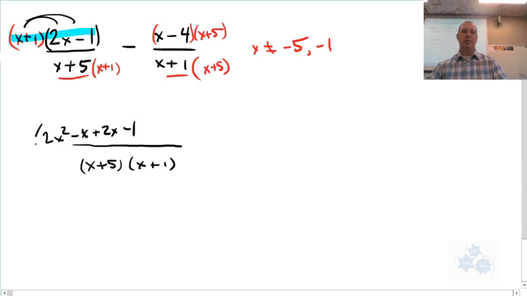That's what this is. Minus, and I always encourage you to use brackets after a minus sign, because if you don't, you might forget that the negative sign applies to all of the terms. So use brackets right here especially. And then this is x squared plus 5x minus 4x minus 20.